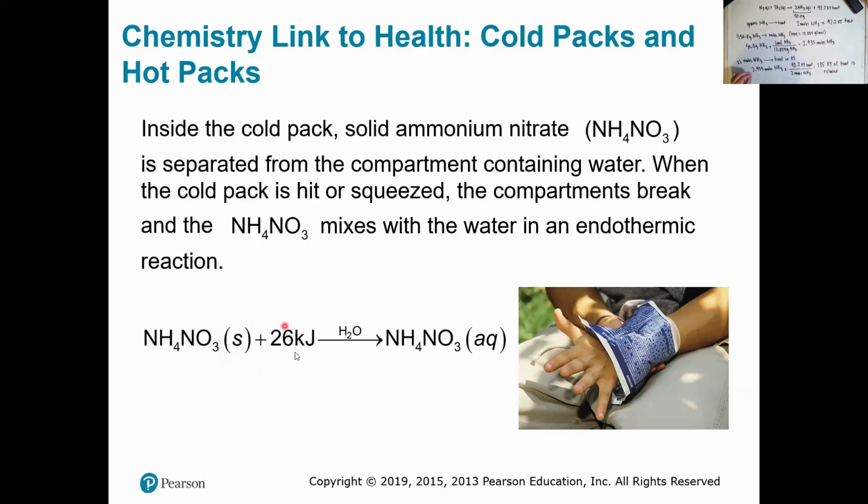So it's going to require heat for the mixing to happen. And if the reaction requires heat, that means the reaction is going to be pulling heat into itself from the surroundings. So if you're holding on to the cold pack, you're going to feel it get very cold because the reaction is sucking all the heat into itself. Okay. So this is a representation of an endothermic reaction in a real life scenario.